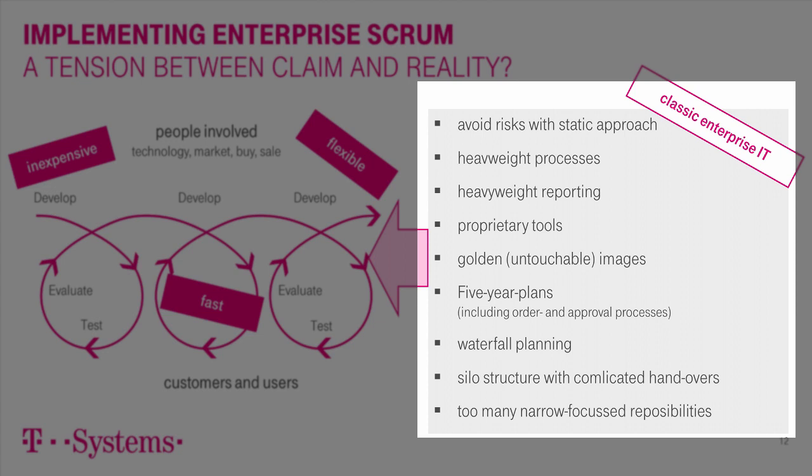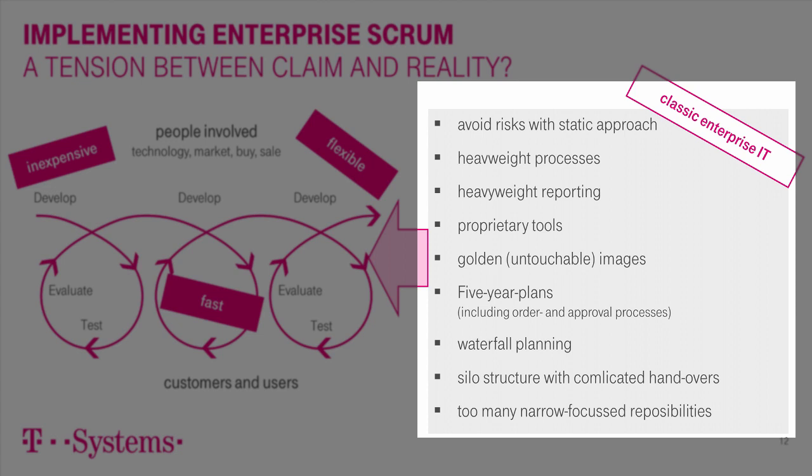There is a basis that is unchanged and which is very hard to change and adopt: golden images. You get reminded of a rather Soviet 5-year plan approach to planning, which is kind of inflexible. This is what we call waterfall planning.